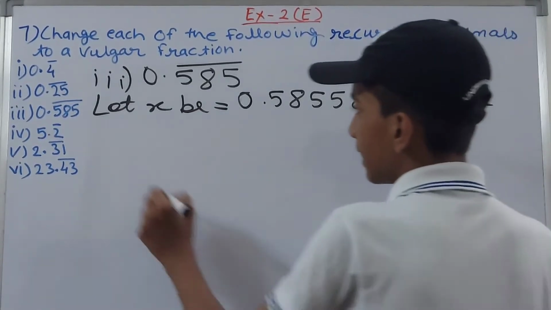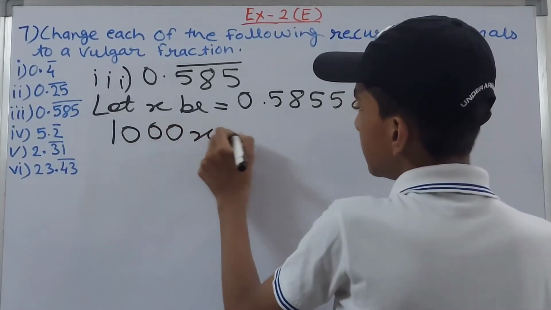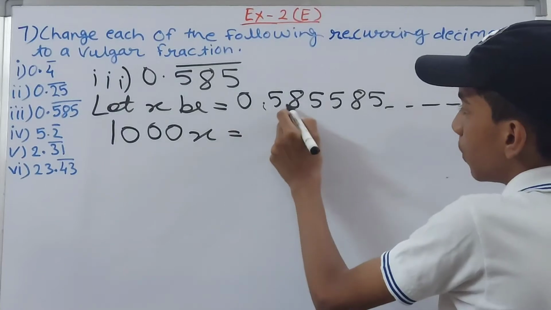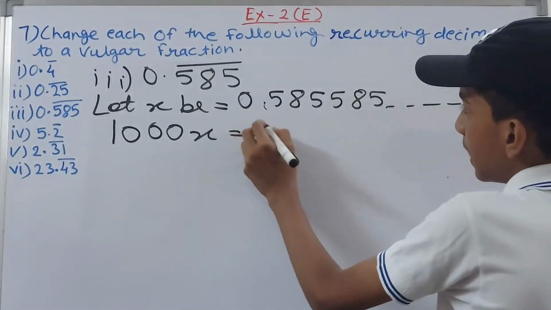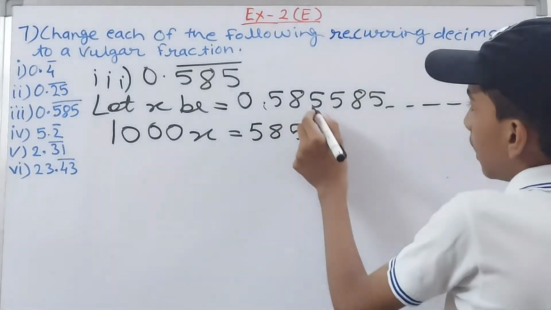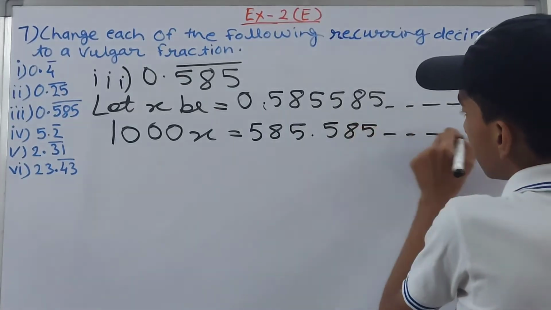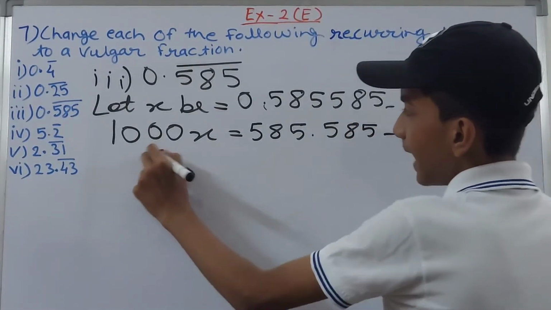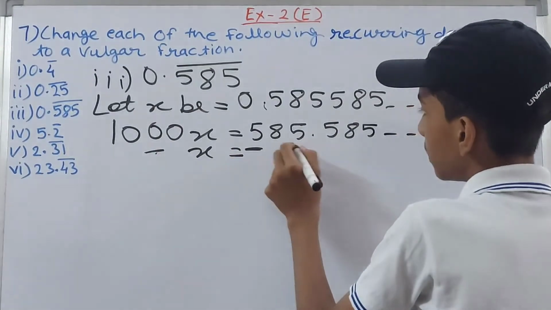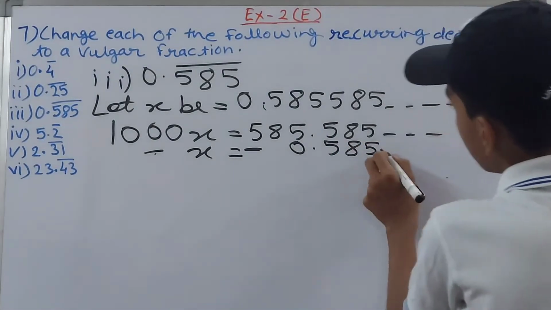Now 3 digits are repeating, so 1000x is equal to, and we move 3 places to the right, so 1, 2, 3, and we have 585.585585 and so on. We subtract x from 1000x, and here also we subtract x, that is 0.585 and so on.